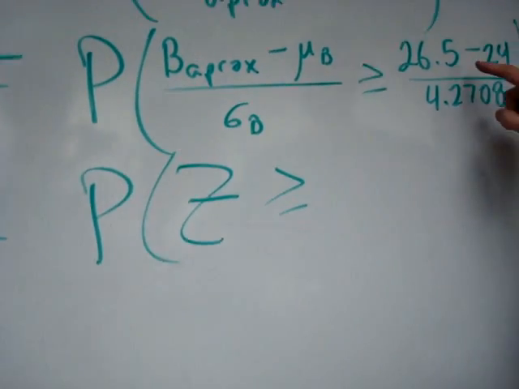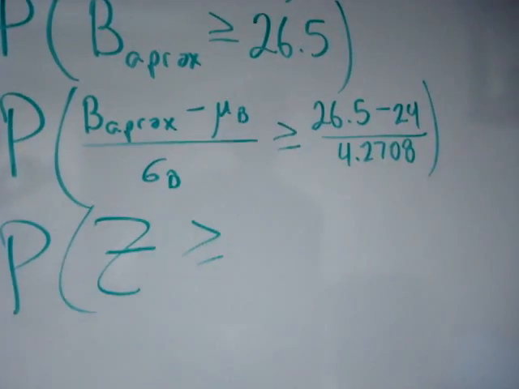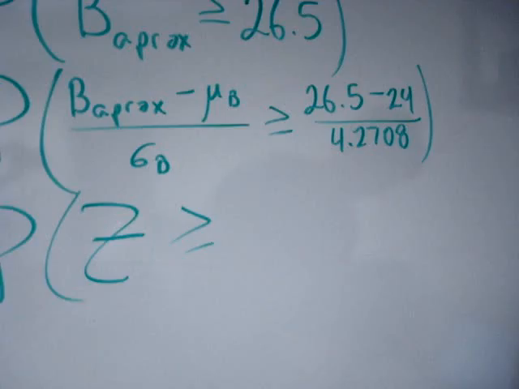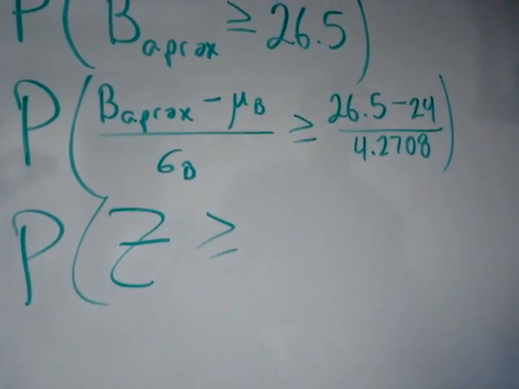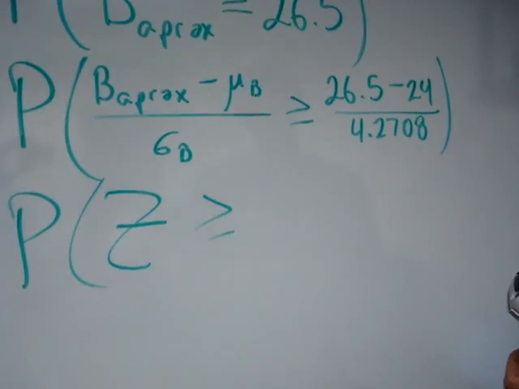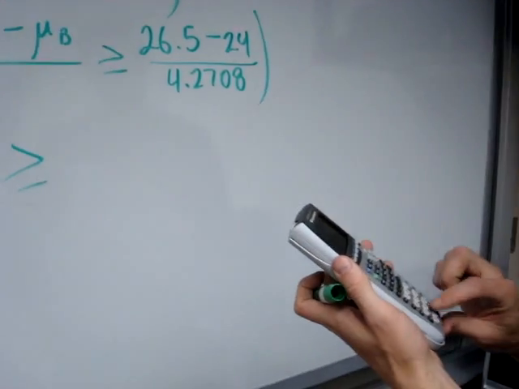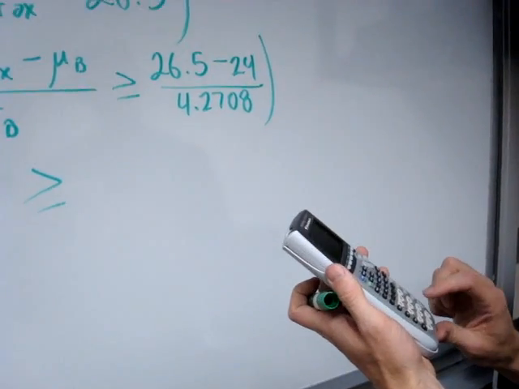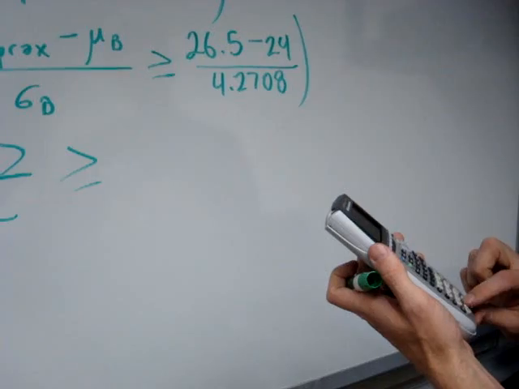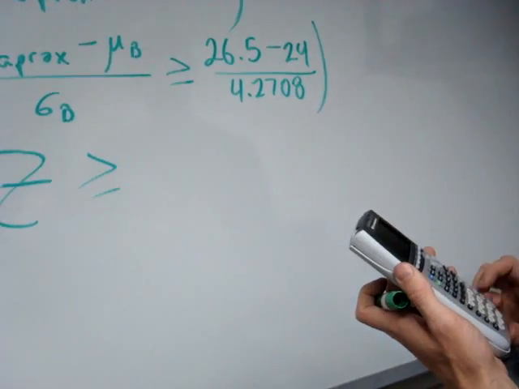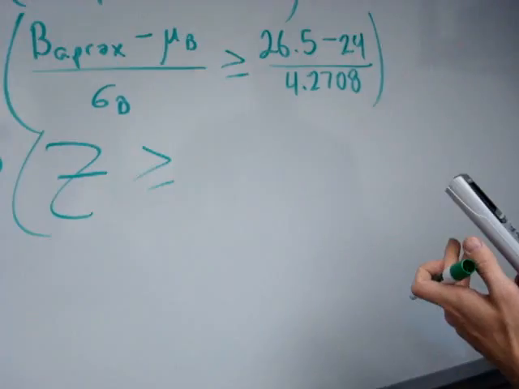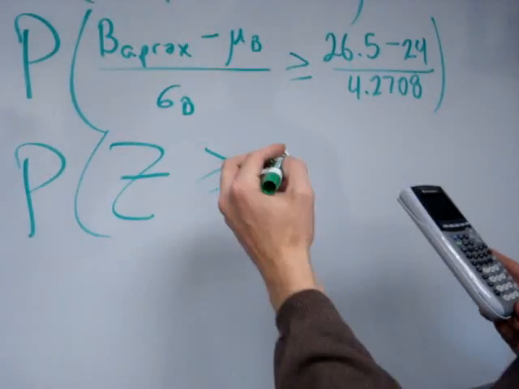And over here, we'll take 26.5 minus 24 divided by 4.2708, so let's go ahead and see if we can simplify that. You get 0.5854.